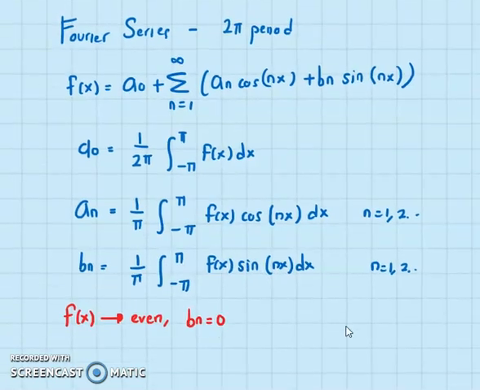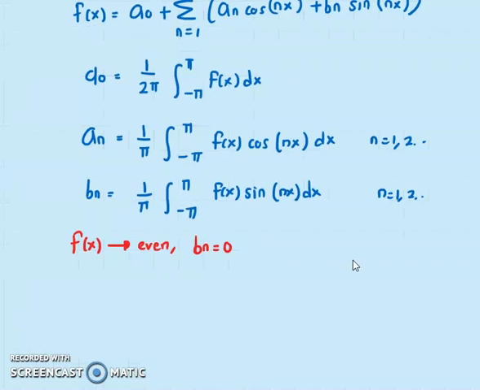And what happens to my a_n? We will have a naught become 1 over pi, integrate 0 to pi, f(x) dx. So if my f function is even, this a naught will become like that.